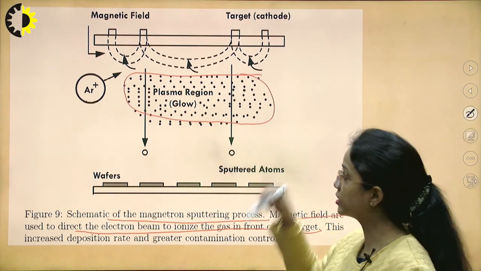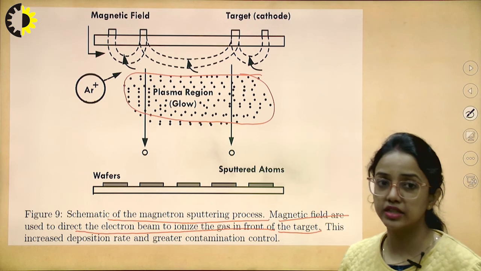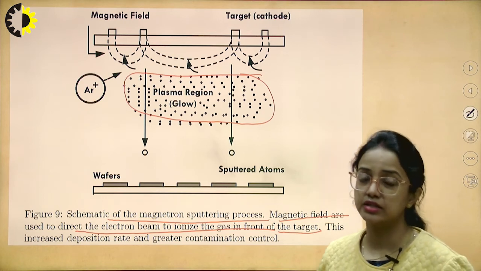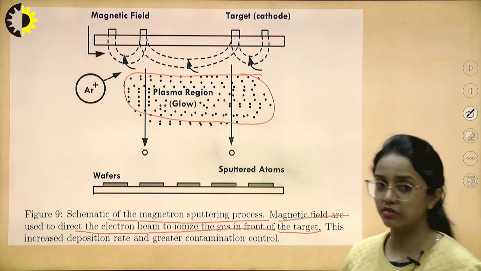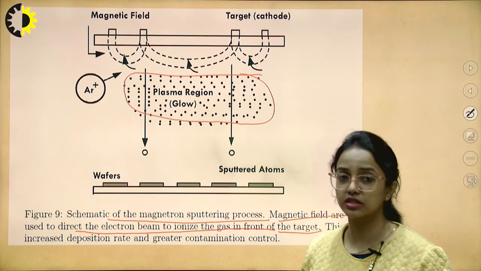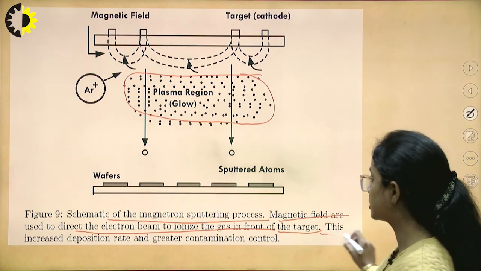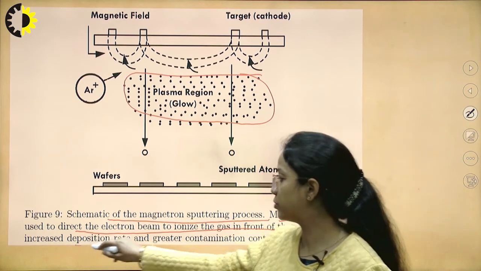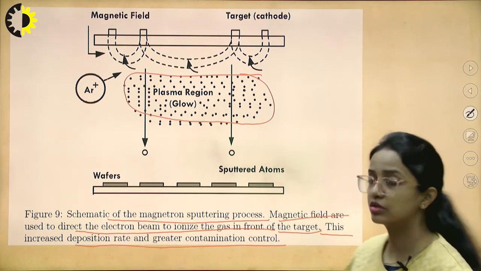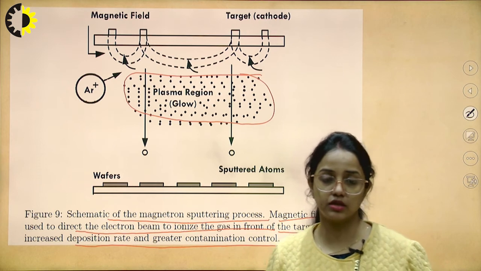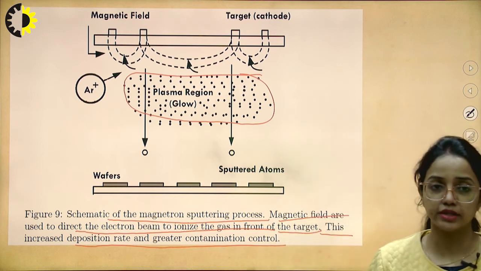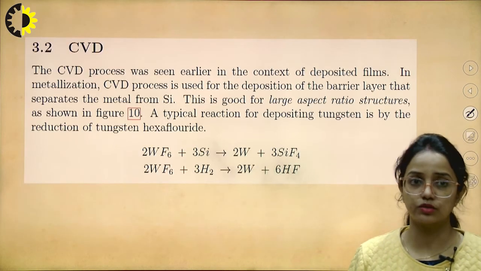The target is initiating the metal vapors, and how are these metal vapors initiated? They are initiated with the high-energy beams, and this increases the deposition rate, and greater contamination control is achieved in this process where magnetron sputtering is being carried out.